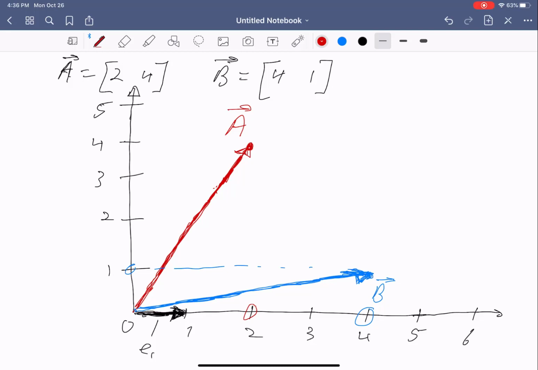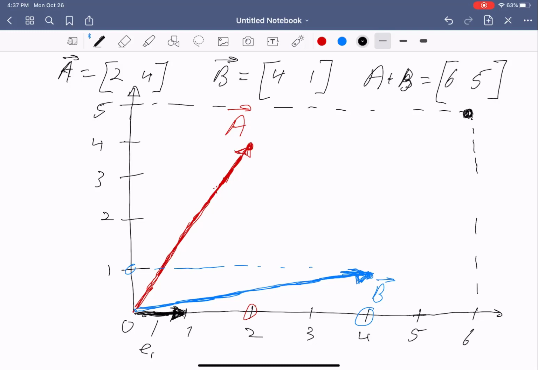All right, and the sum of these, A plus B, is equal to 6 and 5. Okay, so that means we're going out here to 6 and to 5. So that brings us all the way out here to 6 and 5.